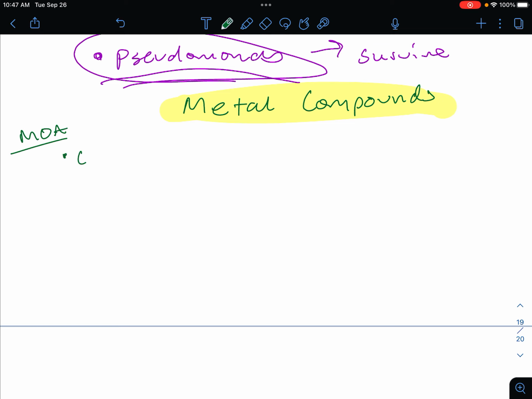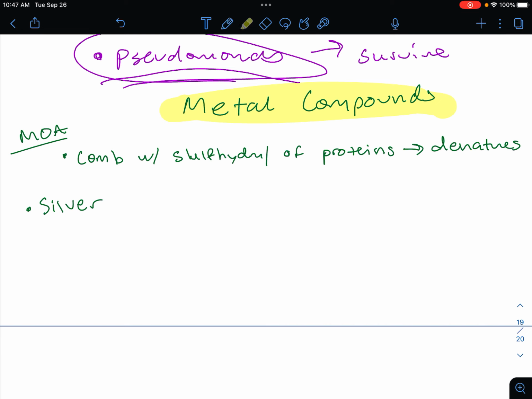They combine with sulfhydryl groups of proteins, and this leads to denaturation. Okay, so silver. It's one of these metals. It's an antiseptic. Therefore, it's used on living tissues.